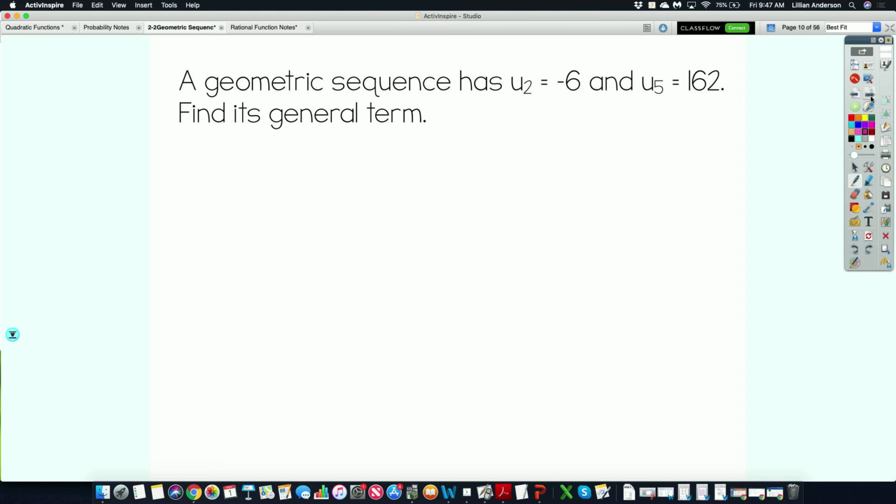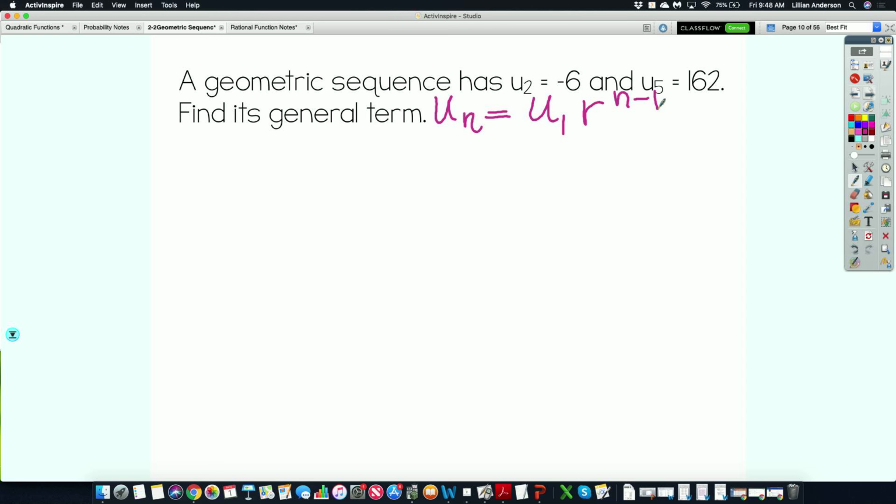Open it up a little. Do you have this one? Okay, so a geometric sequence has u sub 2 equals negative 6 and u sub 5 equals 162. We want to find the general term, aka u sub n. So to do this, I need my first term and my common ratio, and that's it. But I have 2 terms that are not side by side.